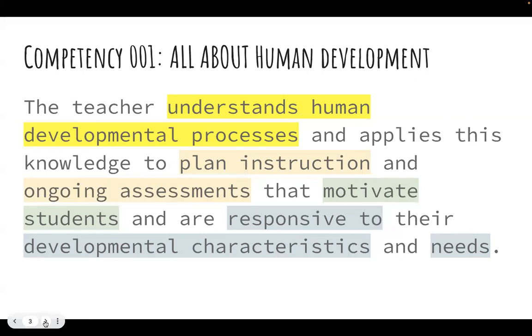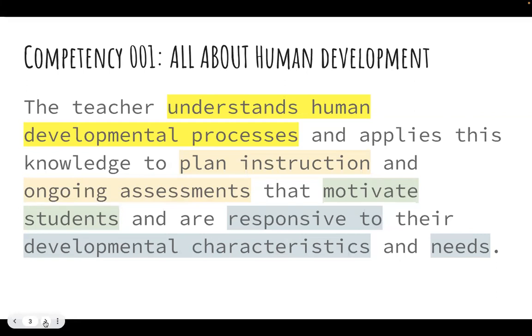We're trying to gauge and see what worked, what didn't work, what do they still need support in, and what different things can I do to support that student's area of weakness. So, to plan instruction and ongoing assessments that motivate your students and are responsive to their developmental characteristics and needs.